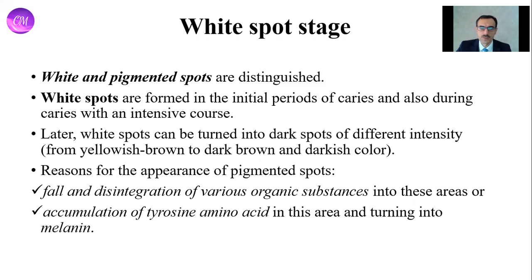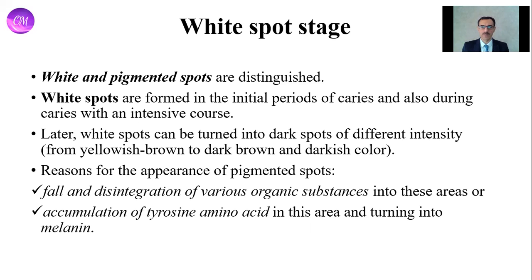Two types of spots are distinguished: white and pigmented spots. White spots are formed in the initial periods of caries and also during caries with an intensive course. Later, a white spot can turn into dark spots of different intensity, from yellowish brown to dark brown and dark color.